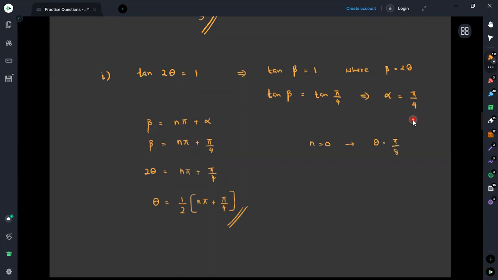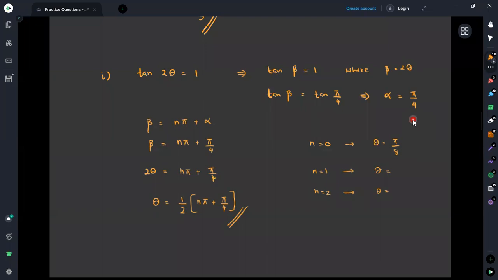It is half times this quantity, which becomes 0, then half times 5π over 4 will be equal to 5π over 8. Then we can substitute n equals 1 and n equals 2 and get the appropriate values for theta. In this way, we can find the values for theta.